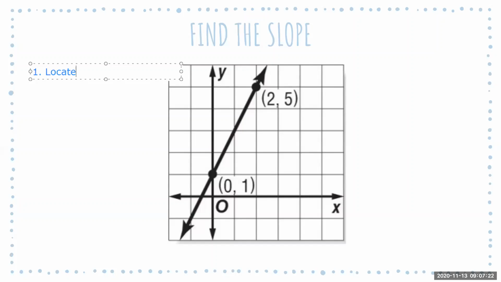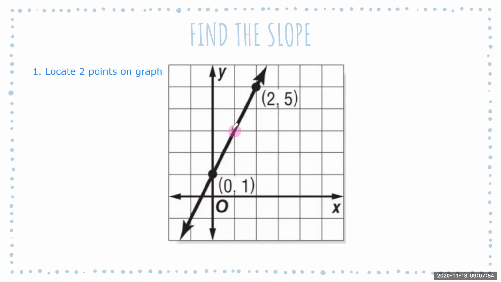So the first step that we always do when we're finding slope on a graph is locate 2 points on the graph. And what I mean by that is that the points that you choose have to be actually at the edges of the graph. So for instance, let me get a highlighter here. This could also be a point that I choose because it's at the corner here of the little grid marks.